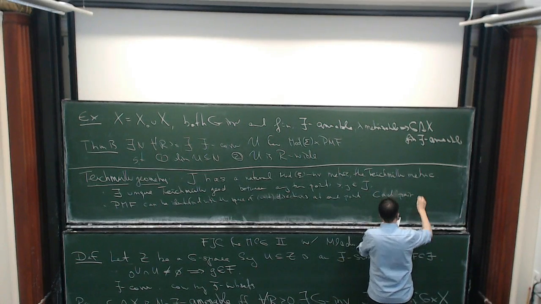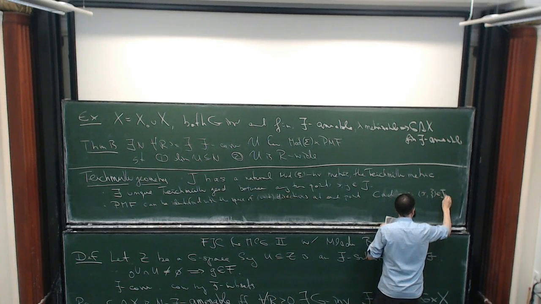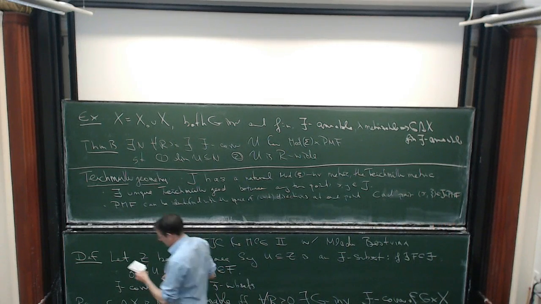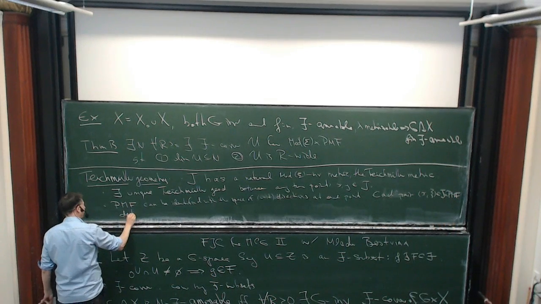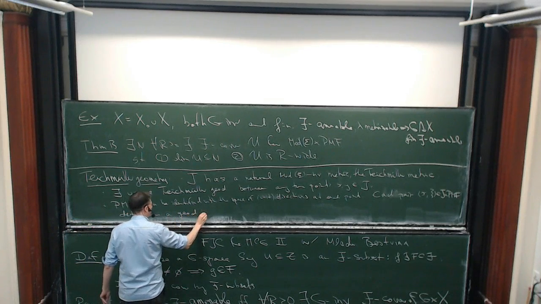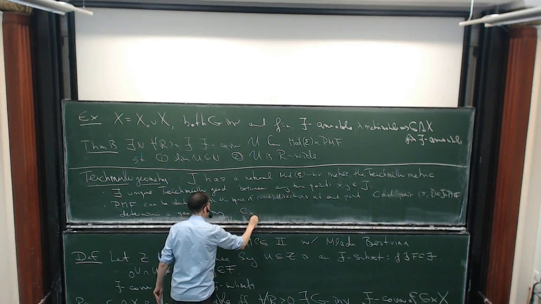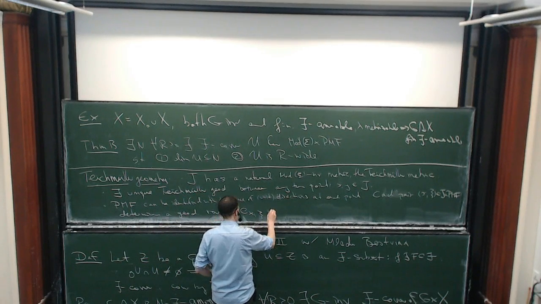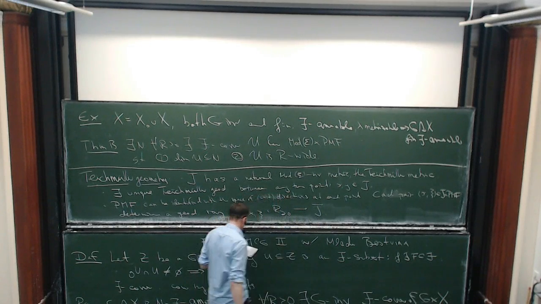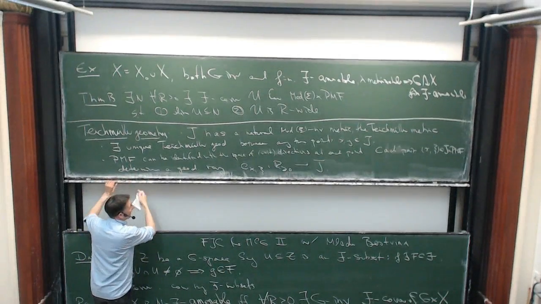Whenever I have such a pair, I get a geodesic Teichmüller ray. I'm going to call it c_x^ξ in Teichmüller space.